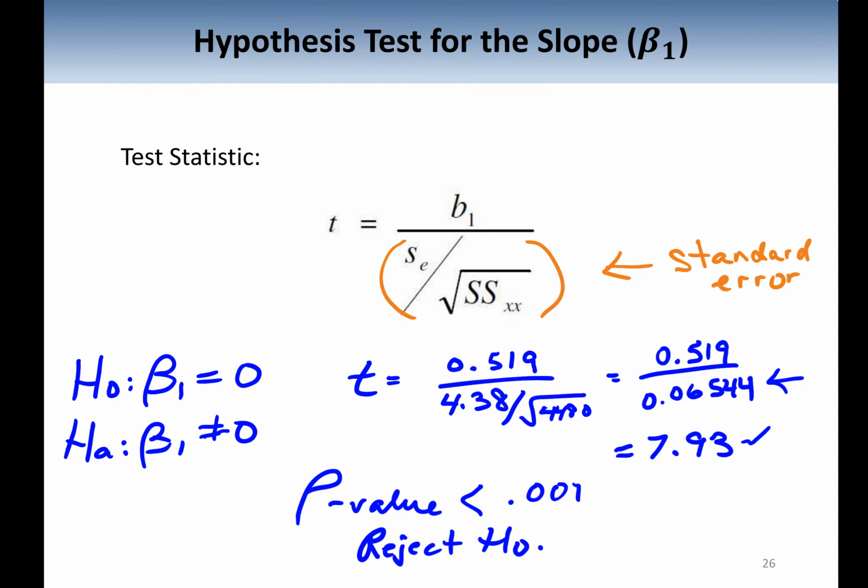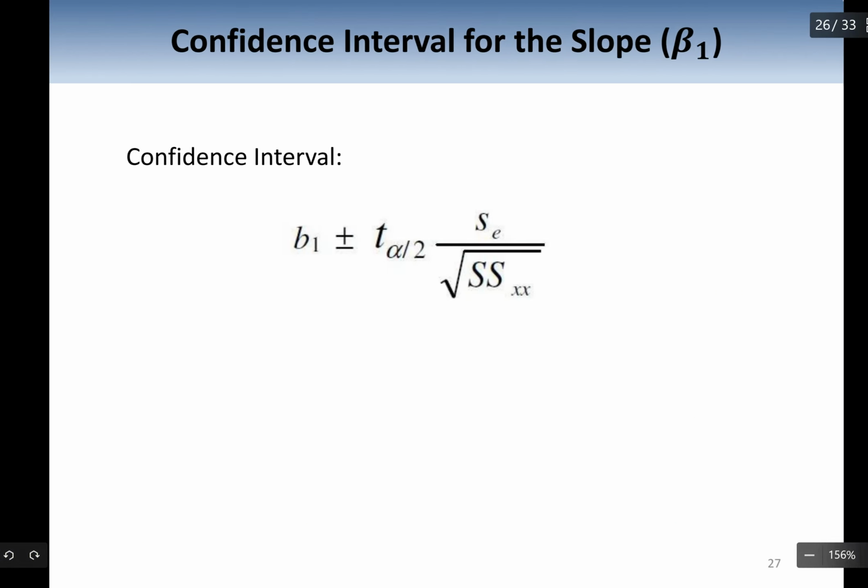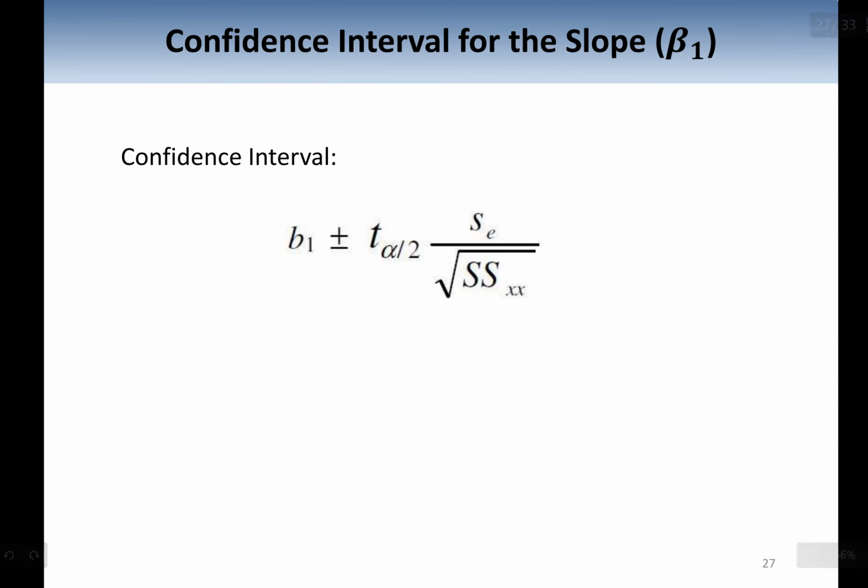What we would say then is that the predictor x, which in our case was the time spent using the online chat feature, is statistically significant in predicting y, the online sales. Okay, so that's how you know if your x value is statistically significant or not, by doing the test for the slope. We can also calculate a confidence interval for the slope.